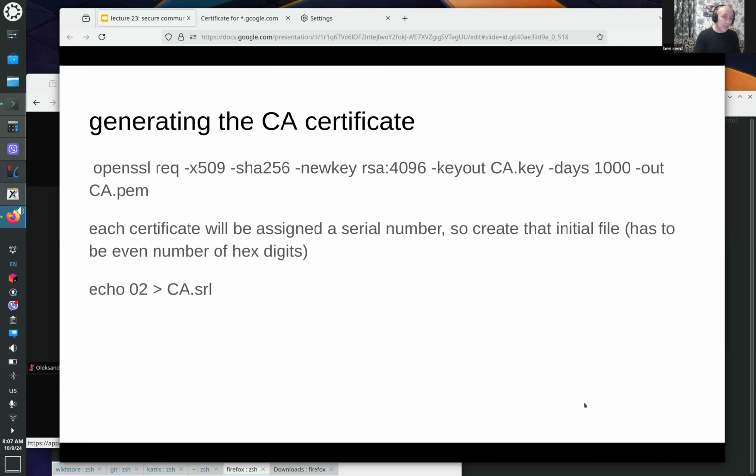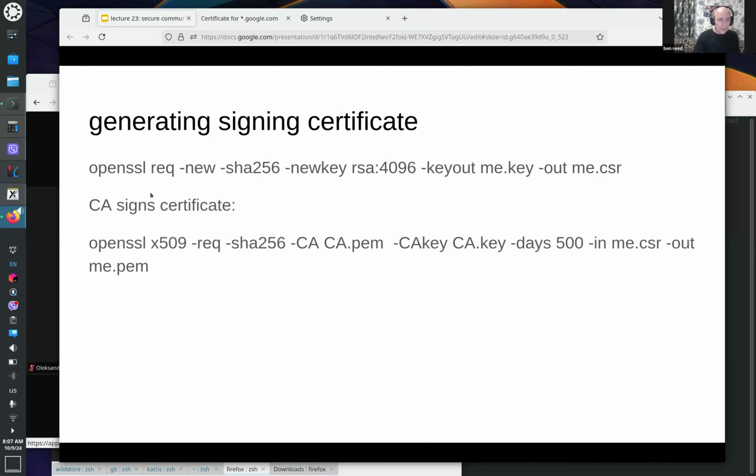There's a utility that's on all your laptops, Windows, Mac, or Linux, called OpenSSL, and it will allow you to generate a certificate authority. This is the command used to generate a certificate authority. It will allow you to sign a certificate. This is the command you use to sign a certificate.